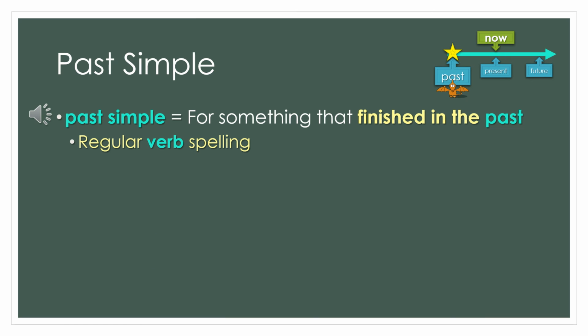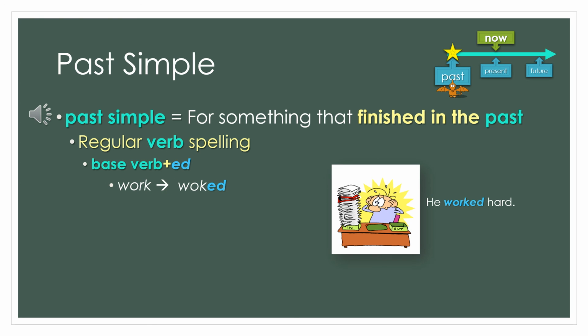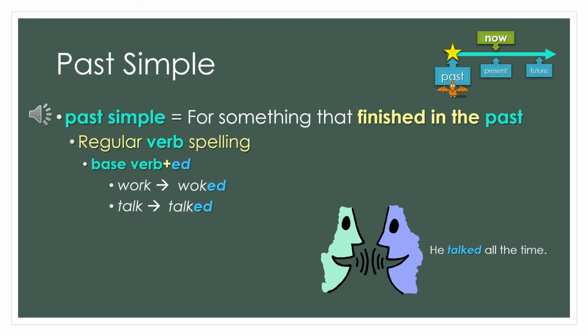Remember, the past simple is used for something that finished in the past. To form regular verbs in the past simple, you use the base form of the verb plus ed. For example, worked, talked, smiled.